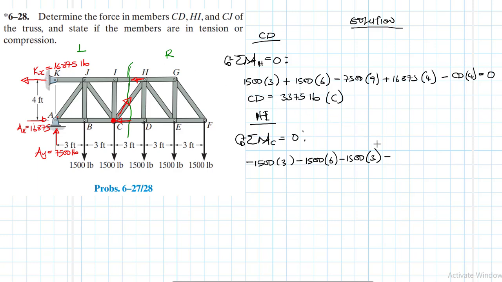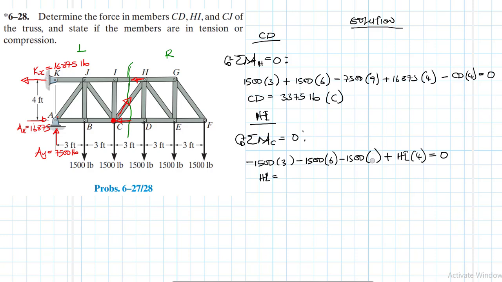All right, so HI is in tension, so we expect it to rotate this anti-clockwise, so this is going to be plus HI by 4, and is equal to 0. Therefore, our HI is equal to 1500 by 3 plus... This one is supposed to be 9.